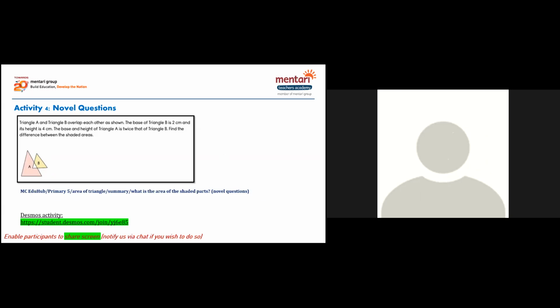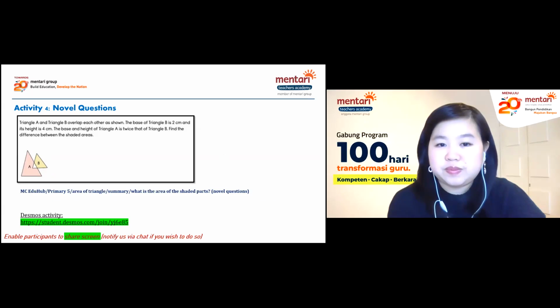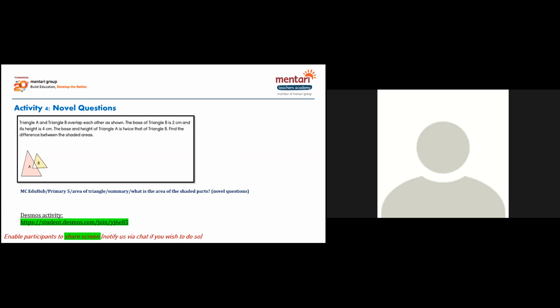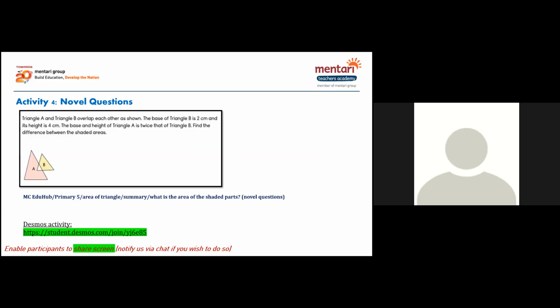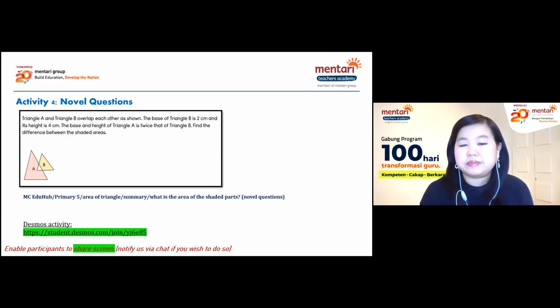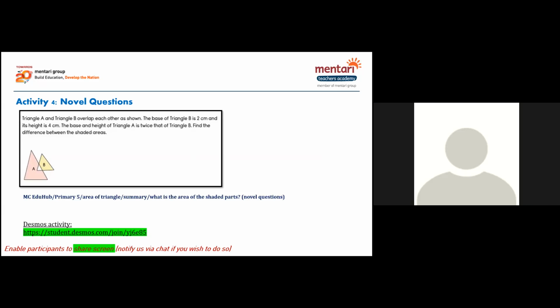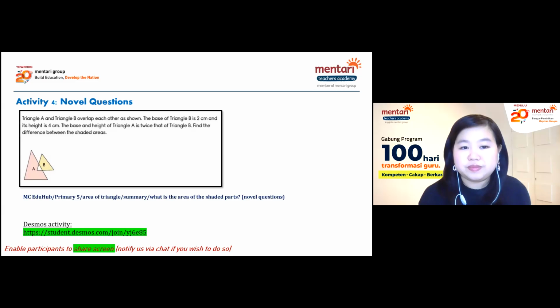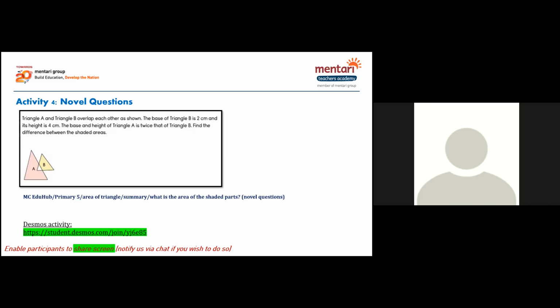So first, I'm finding out the area of triangle B. So the formula is 2 times 4 divided by 2, and then I get 4. So the area of triangle B is 4.